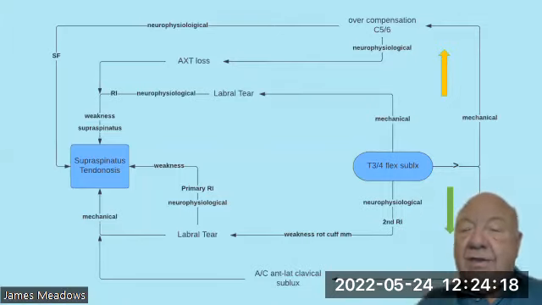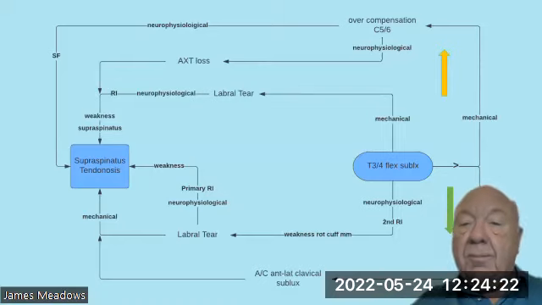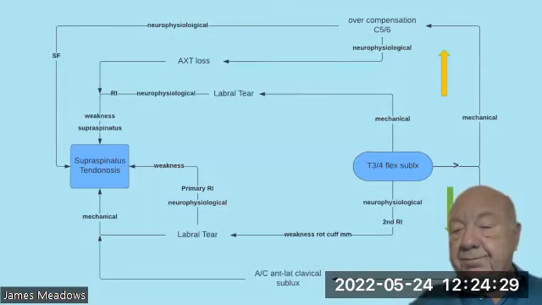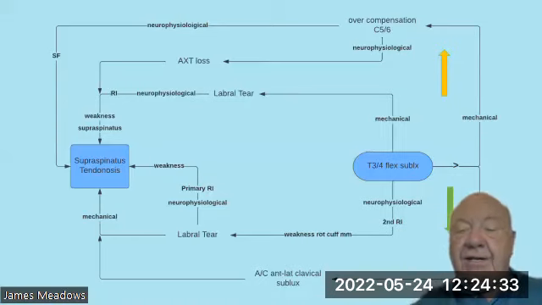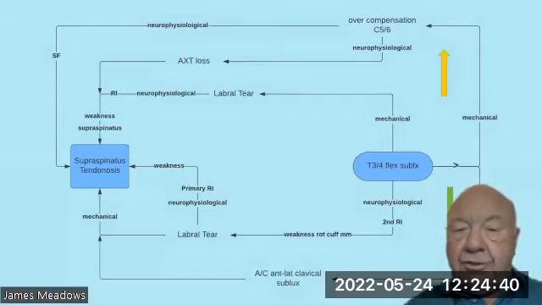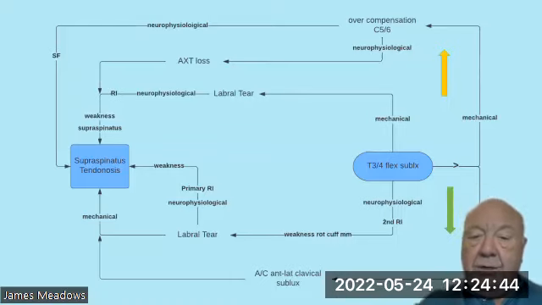We can go up via the yellow arrow. Mechanical problems, overcompensation at C5-6, and then if that's nociceptive, then neurophysiological segmental facilitation, weakness of the supraspinatus, and then degenerative tendinosis again. We can go down. We can look at neurophysiology from T3/4 flexion subluxation, secondary reflex inhibition.